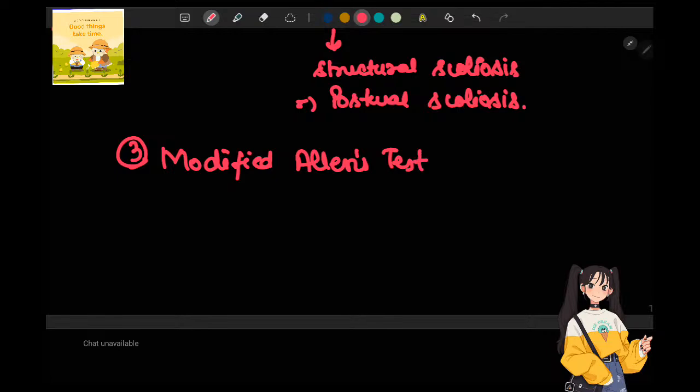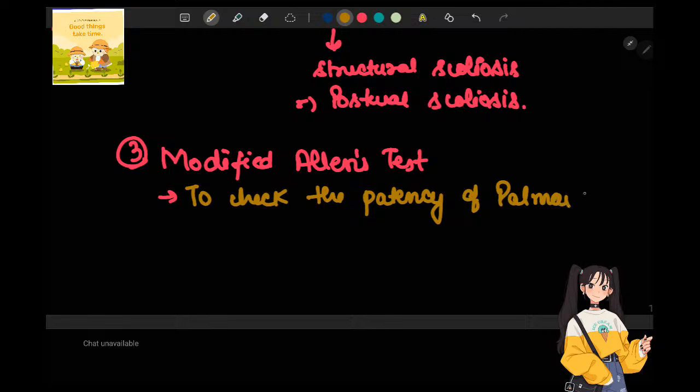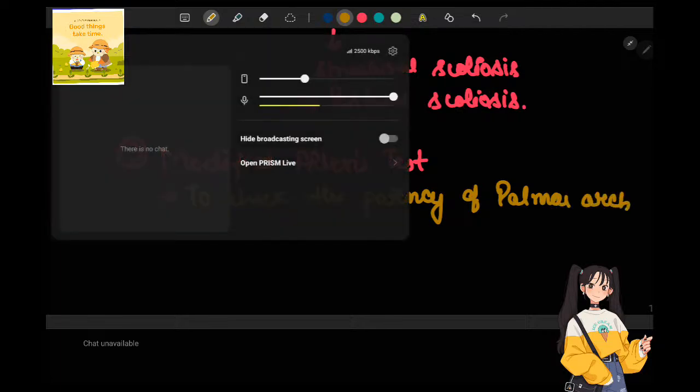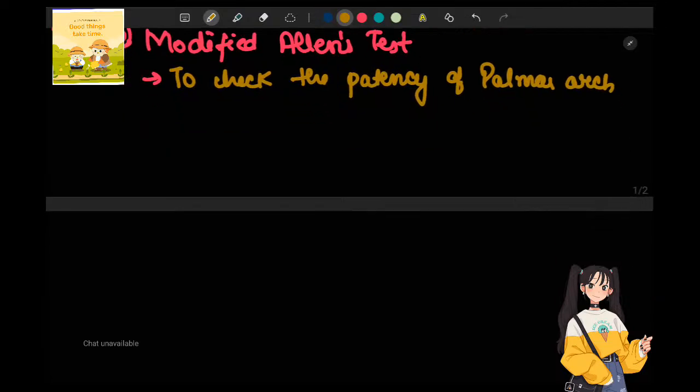This is basically to check the patency of the palmar arc. Okay, so this is the third test.